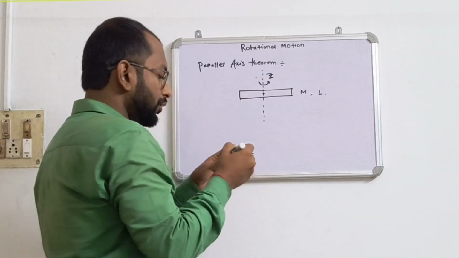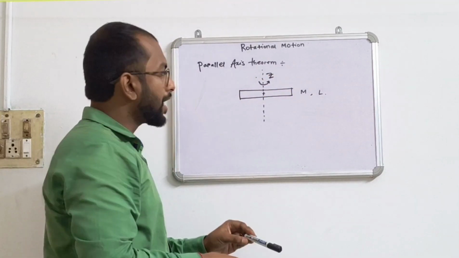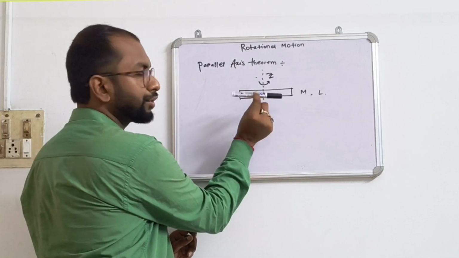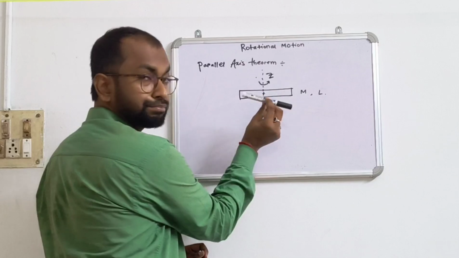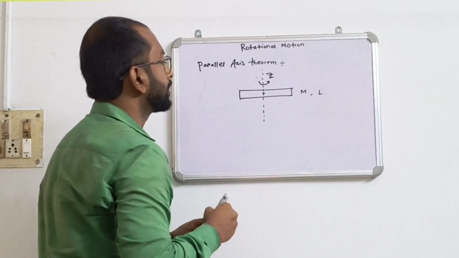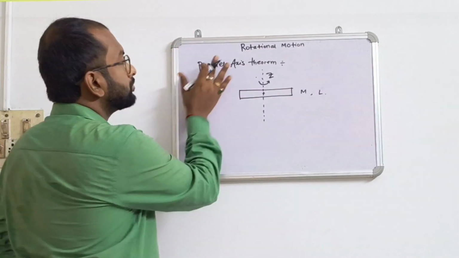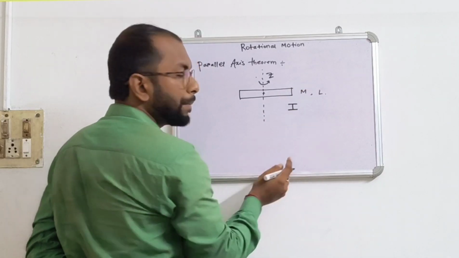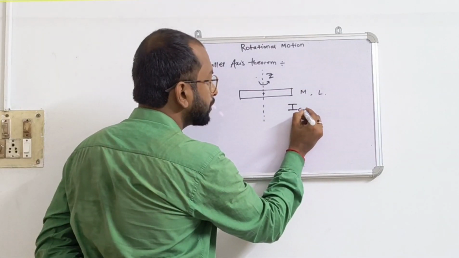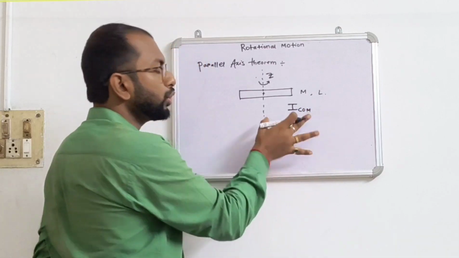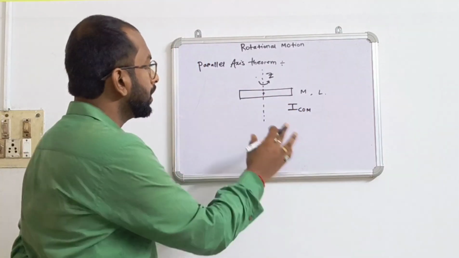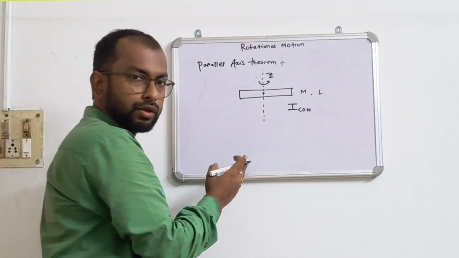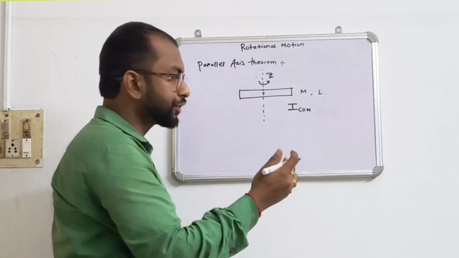So maybe we can imagine this marker as this rod, with the center of mass at the middle. We are interested in this rotational property of the rod. And the parallel axis theorem says that if we know the moment of inertia with respect to the center of mass, then we'll be able to find the moment of inertia with respect to another axis, which is then going to be the axis of rotation.